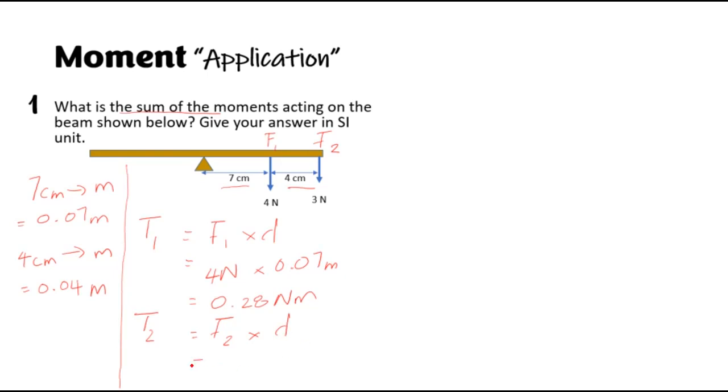Now remember, the distance is the distance from the pivot. So F2 is 4 centimeters from F1, but it is 11 centimeters from the pivot, and that's the distance we use. So of course we would convert 11 centimeters to meters and we would get 0.11.